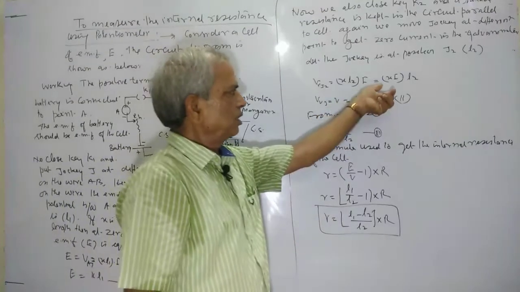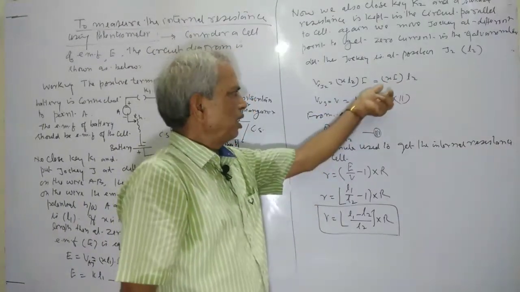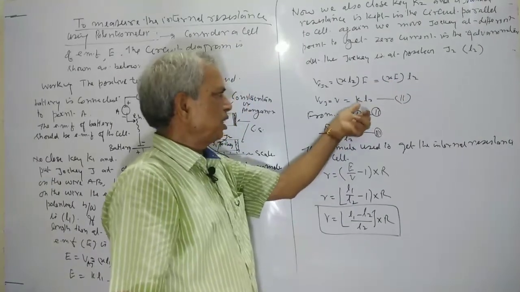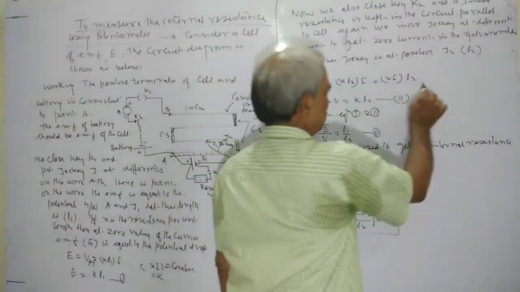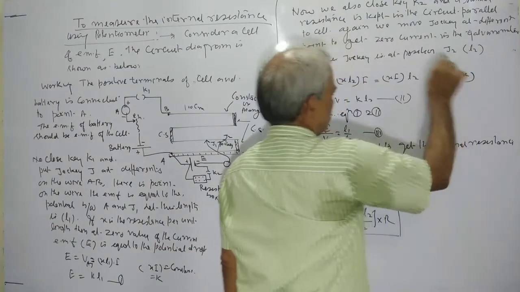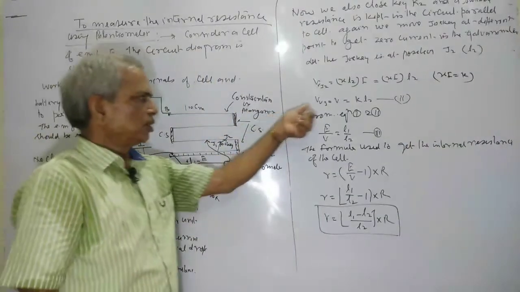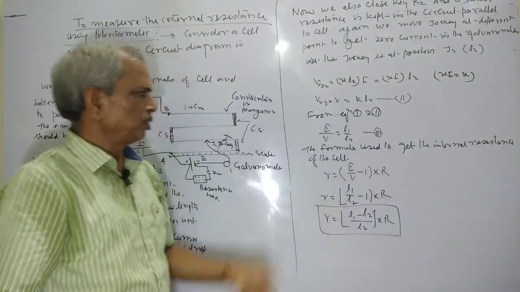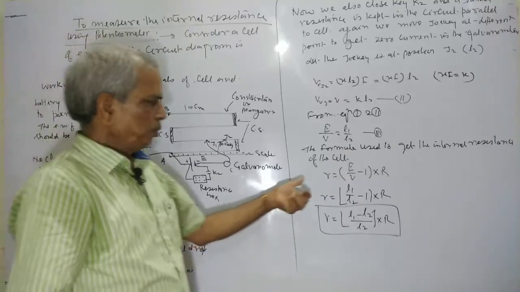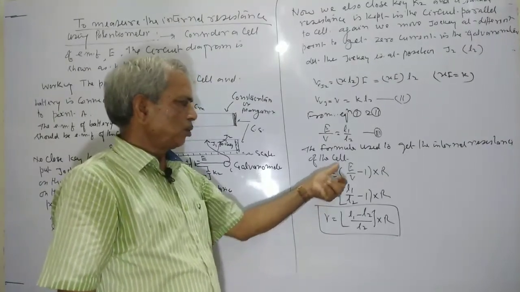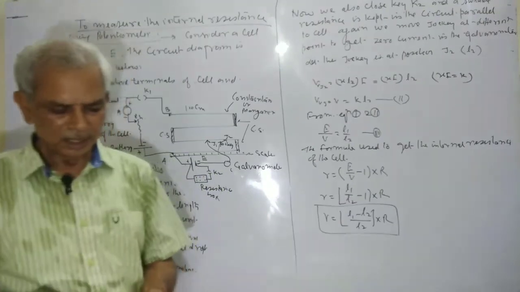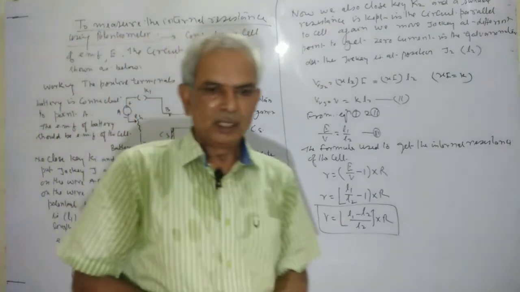X I is constant, that is considered K. Then our equation becomes V equal to K L2. E upon V is equal to L1 upon L2, and we put this in the equation r equal to (E upon V minus 1) into R. Then we get the internal resistance of the cell this way.